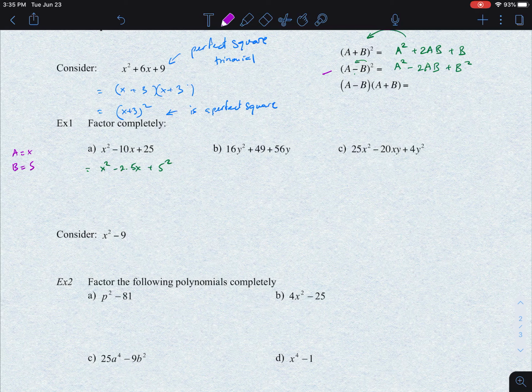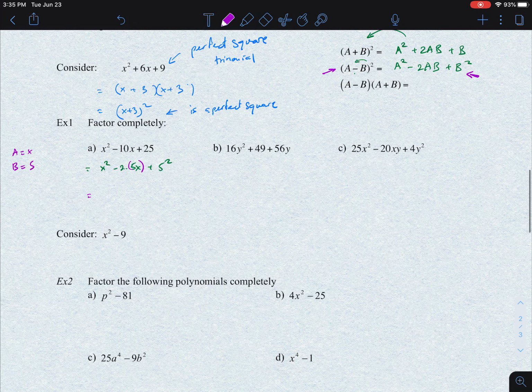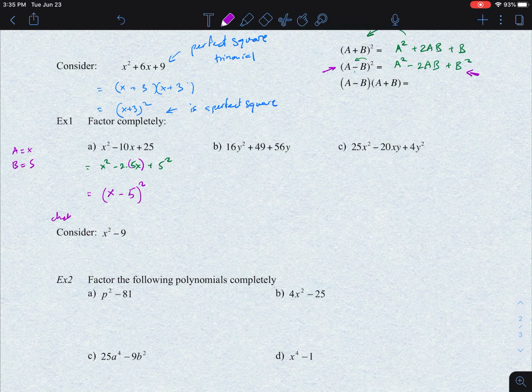That's twice ab in the middle, since a is x and b is 5. So this is just going to be factored into x minus 5, and then squared. And we can check that, it will come out correctly.